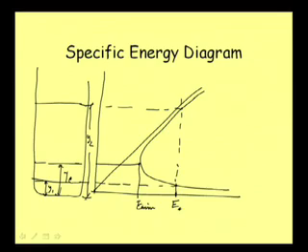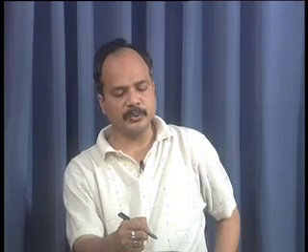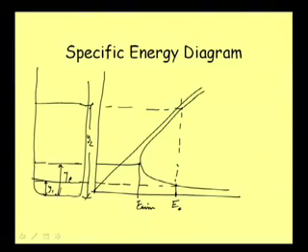So this y1 and y2 we are getting two depths, and for both the depths we are getting the same specific energy, and that is why these depths have a special relationship and a special name.